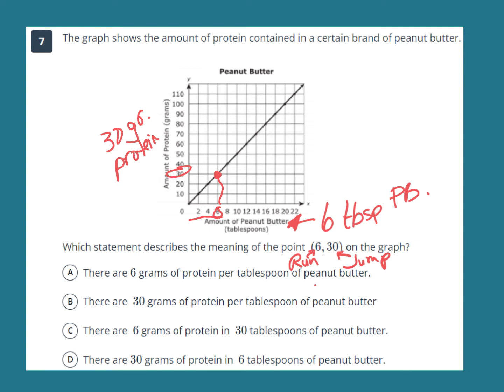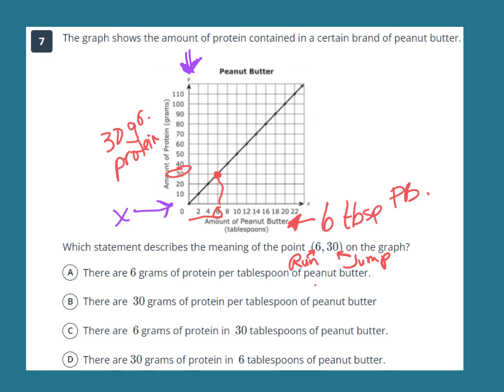Oh, wait, I'm not done here. So let's not forget that this is our x-axis, right? And this is our y. Now, remember, we know a lot about x and y and unit rate.